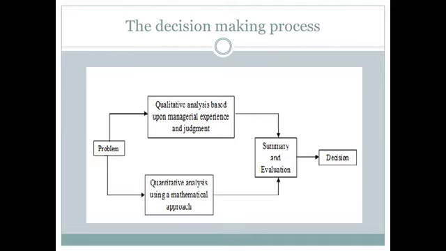Here is the diagram of the decision making process. You can see on the left side that when we have a problem, we do 2 things: we do qualitative analysis and we do quantitative analysis. Now what is qualitative analysis? Qualitative analysis is generally based on managerial experience and judgment. Suppose I am a manager of a company and I find myself with a problem, and I have to decide what to do.